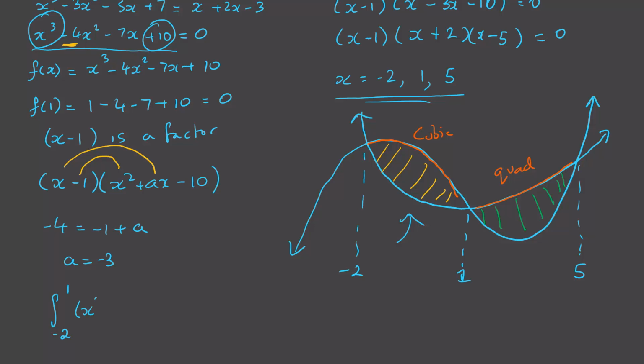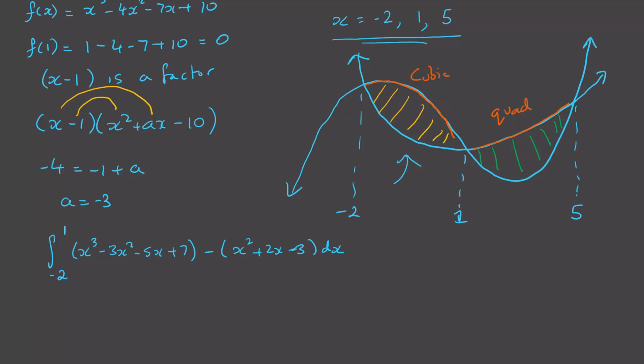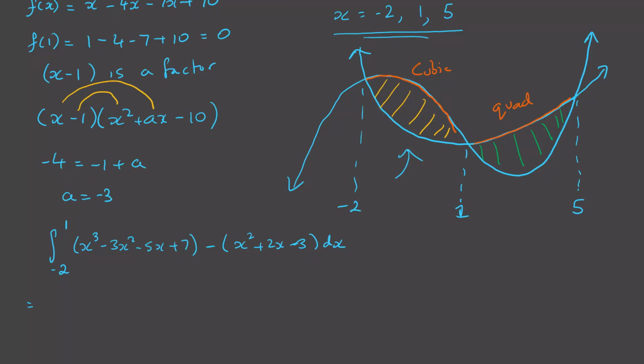So what we'd be doing is x cubed minus 3x squared minus 5x plus 7, take away the x squared plus 2x, take 3, and that would give us that yellow shaded area. You could simplify this, of course. We'd have x cubed minus 4x squared minus 7x plus 10.